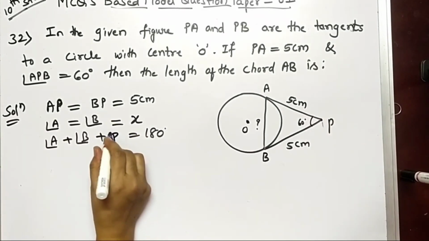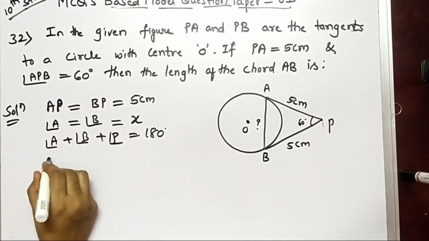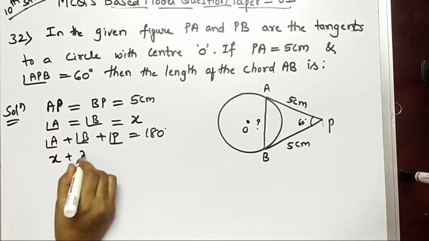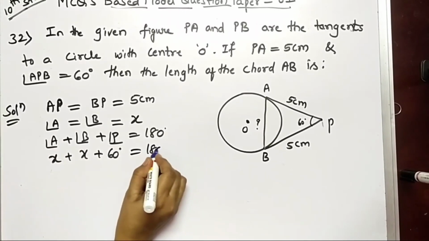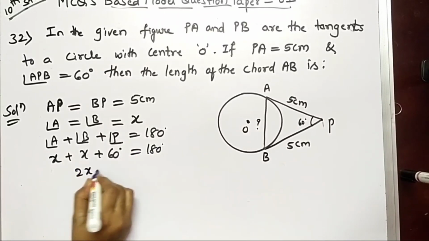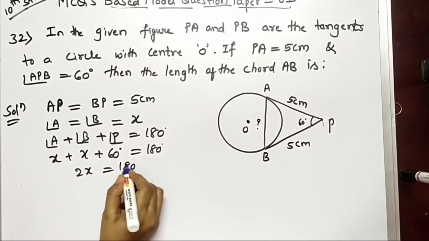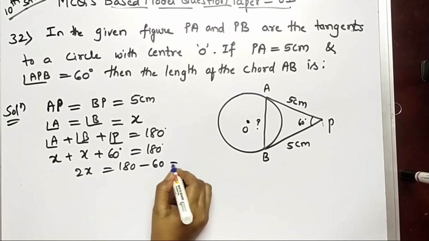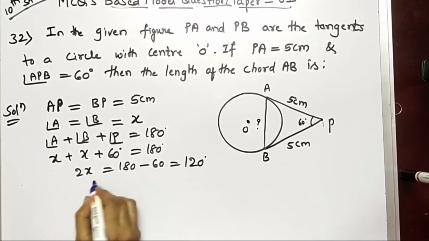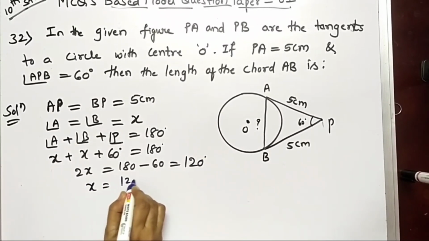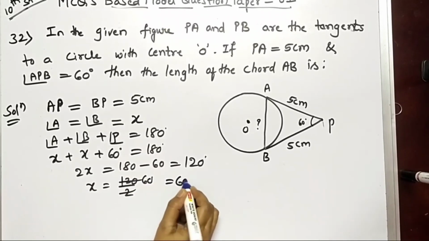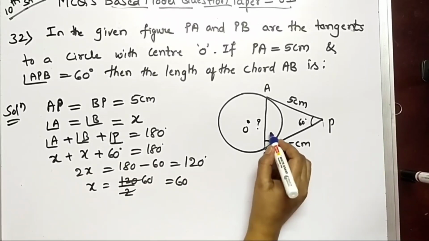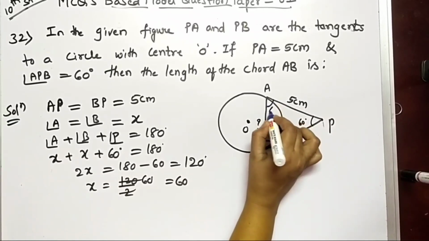Angle P is 60. So x plus x plus 60 degree equals 180 degree. 2x is equal to 180 minus 60, that is equal to 120. So now x is equal to 120 by 2, it means this is 60, it is also 60.